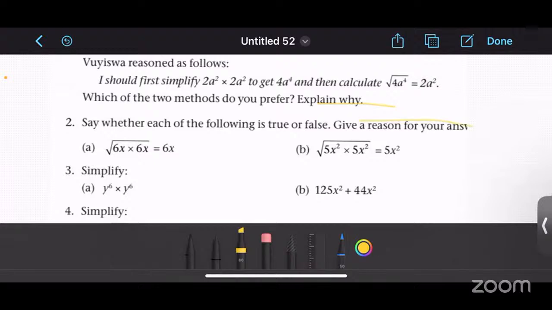Ma'am, A is true, ma'am. Ma'am, should I give a reason, ma'am? Yes. Ma'am, because when you multiply 6x by 6x, you get 36x squared. And then, ma'am, the square root of 36x squared is 6x, ma'am.